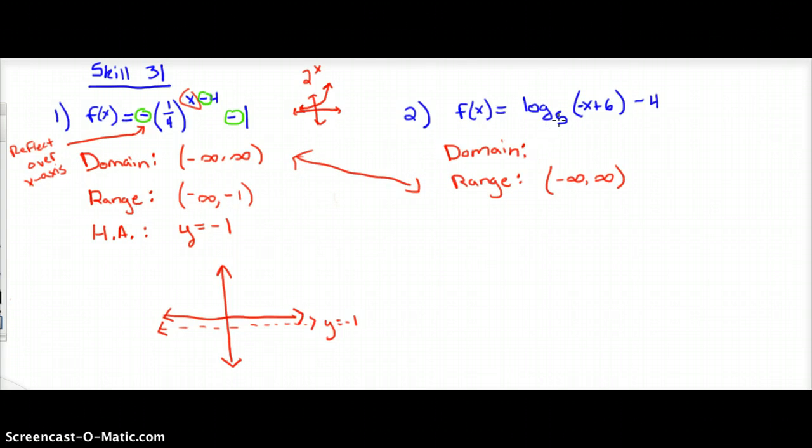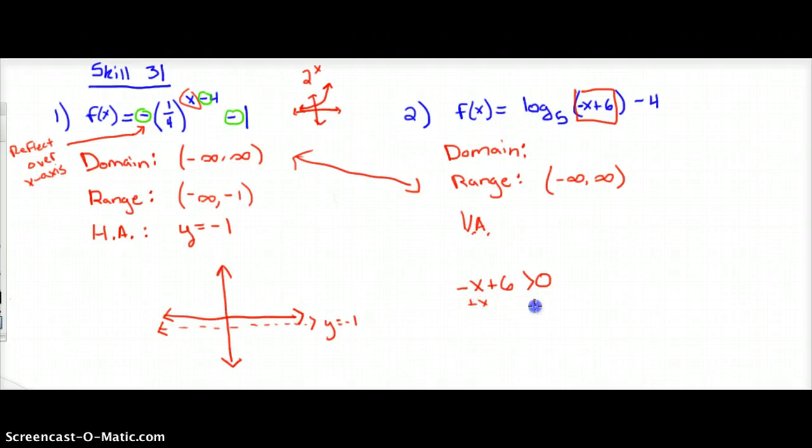So now if I want to find the domain of this function, what I can actually do is take the argument, and remember when I say argument, what I'm referring to is the inside of our logarithm. So in this case, I'm looking at the argument right here. I can take the argument, and if I want to find the domain, I'm going to set it greater than 0. So I'll solve this.